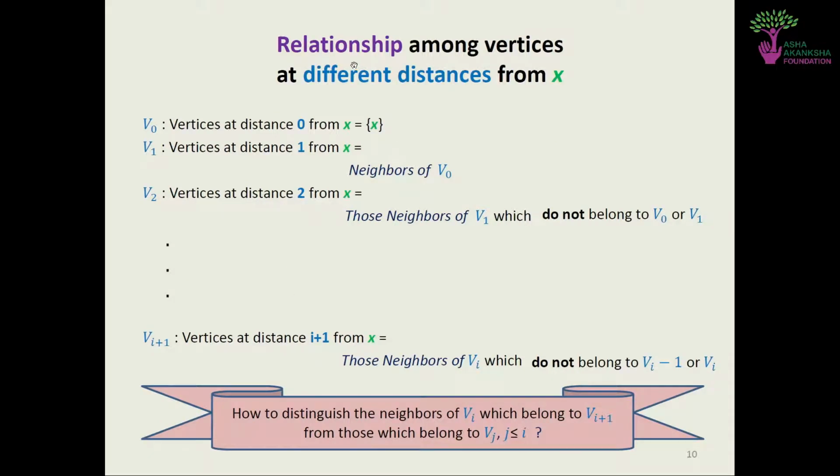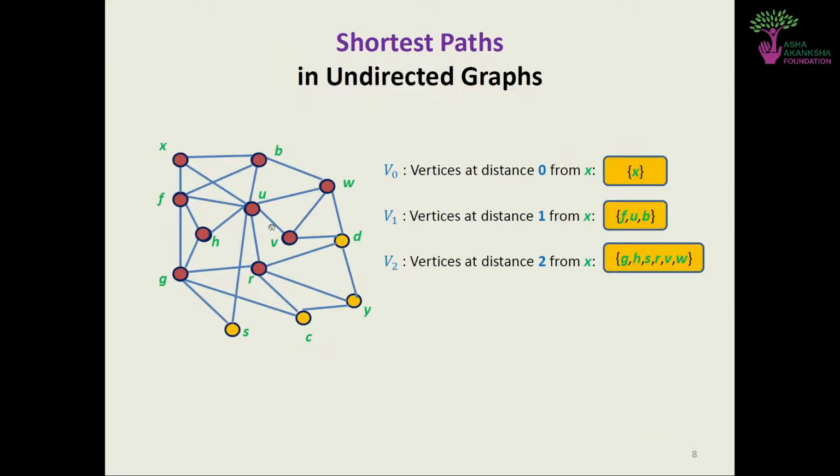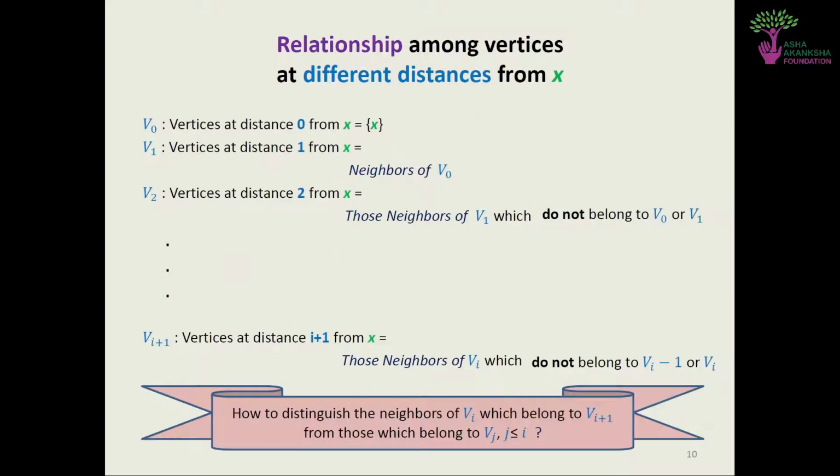So now we can see a relation between these v0, v1, v2. If we observe this, what we'll find is this. v0 is the vertex 0, so there's nothing special about it. It's the vertex itself. Then the vertices at distance 1 from x are the neighbors of v0, which are the neighbors of x.